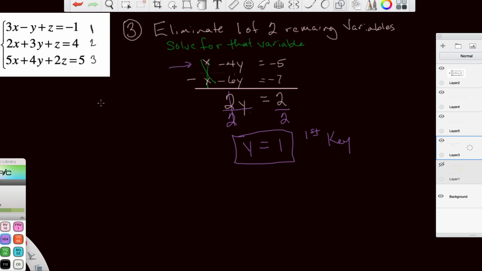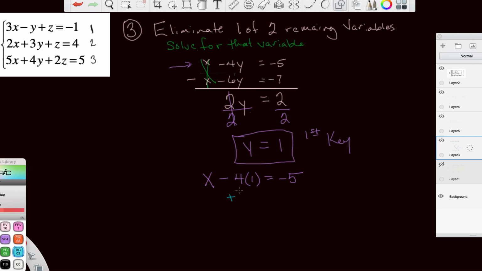So let's go ahead and rewrite that. I guess I'll write it underneath because it should be easy to do. x minus 4 times 1 equals negative 5. Right? So what do I do? I undo that subtraction because I know that 4 times 1 is 4. Let's use a different color.